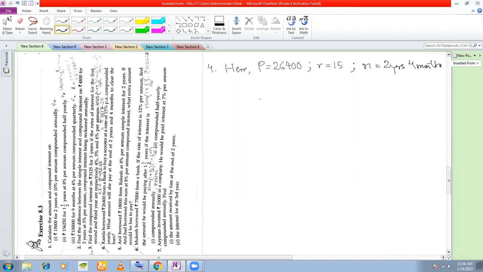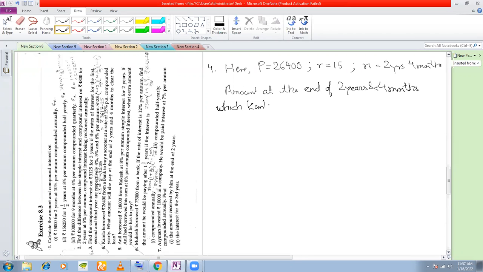Now you will wonder what you will do if I put it directly in the formula. Let's write the amount at the end of 2 years and 4 months, which Kamla pays back.